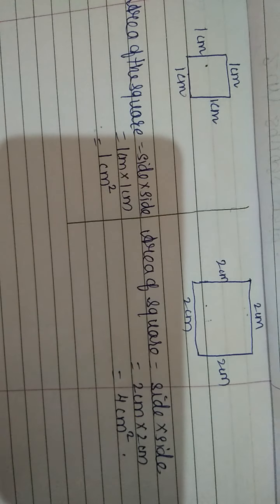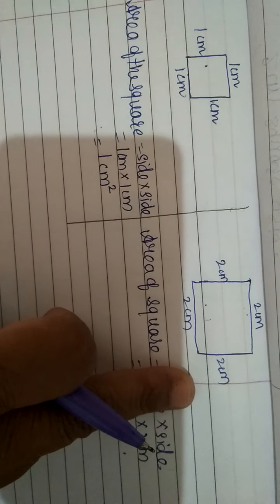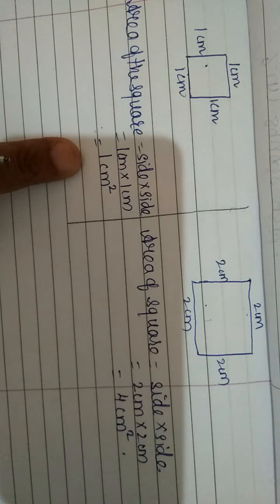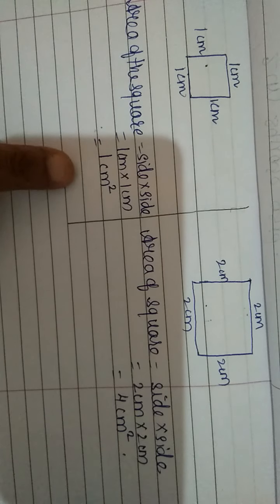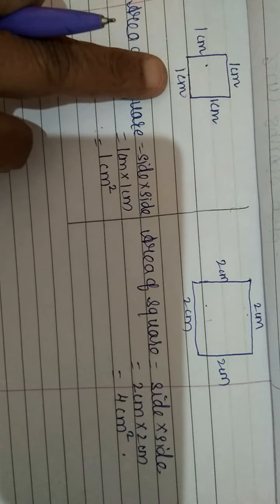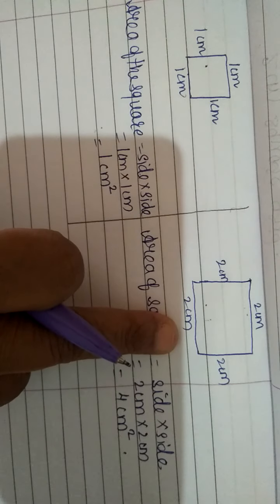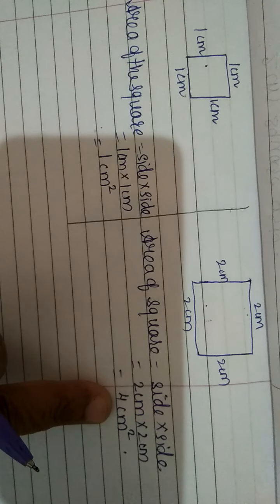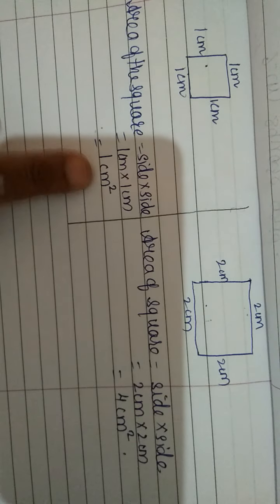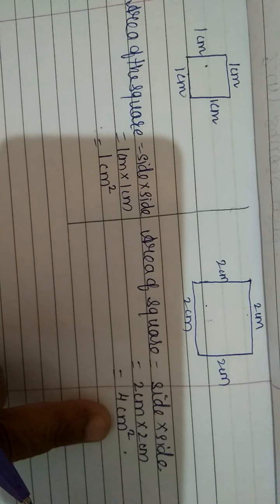Now children, we saw here that if we change the side from 1 centimeter to 2 centimeter, the area changed how many times children? 4 times. It means what children? If the side is made 2 times, then the area is becoming, here it is 1 centimeter square and here it is becoming 4 centimeter square.